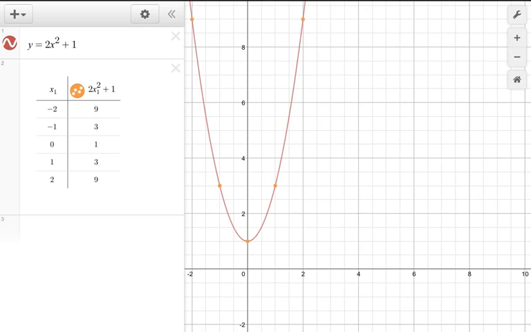So if I made a table of values, I could have my input and my output, and I would have (9, negative 2), (3, negative 1), (1, 0), (3, 1), and (9, 2).